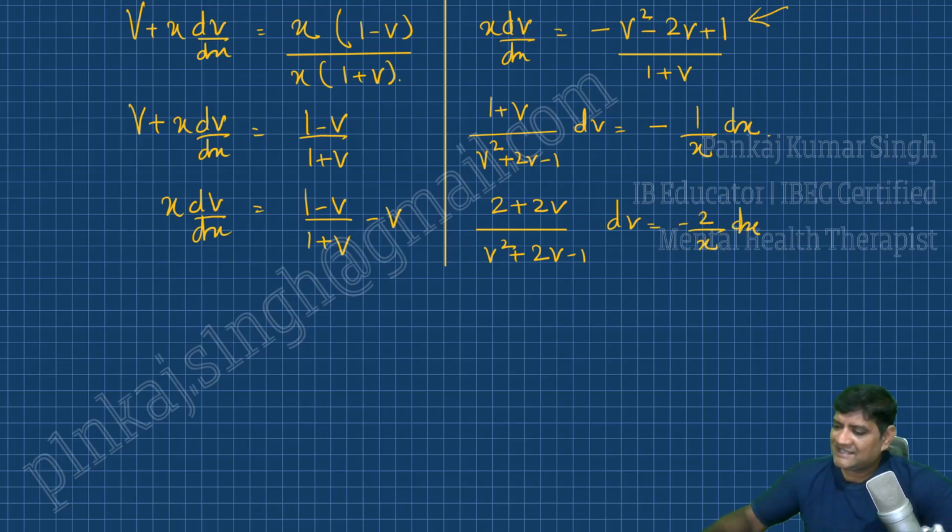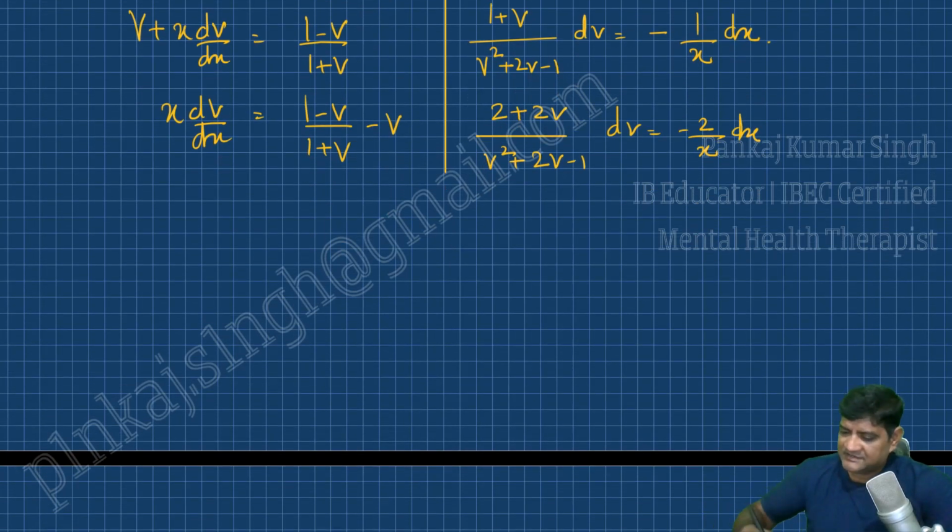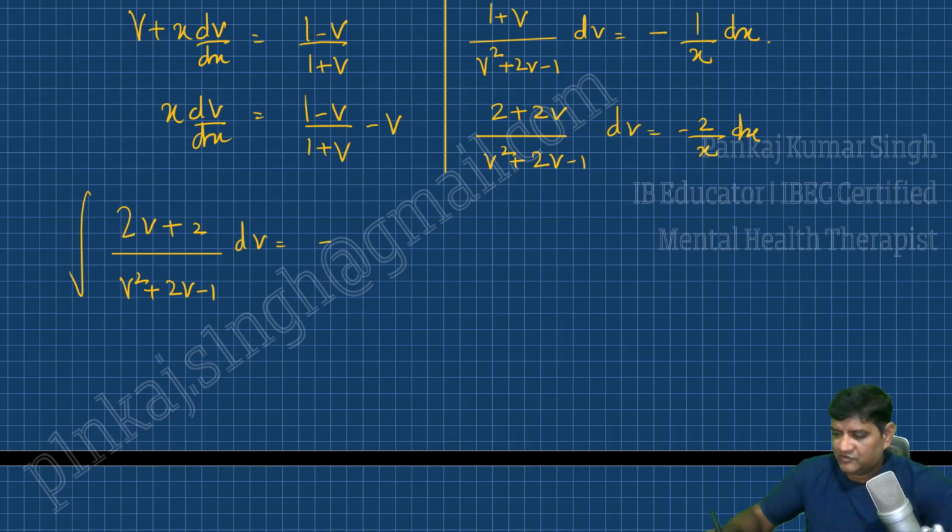So you can notice that if I differentiate the denominator, I get the numerator completely, right? And therefore, I can write this integral as integral 2v plus 2 divided by v square plus 2v minus 1 dv is going to be equal to minus 2 taken common out, 1 over x dx.